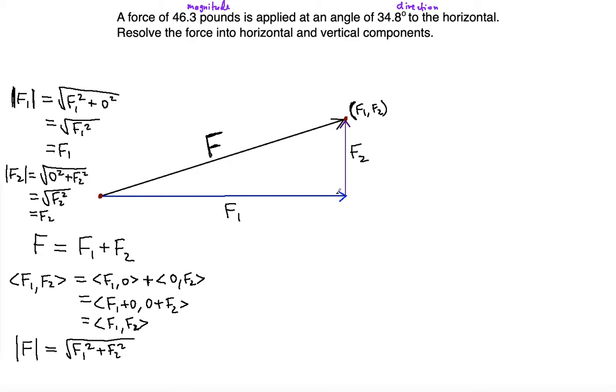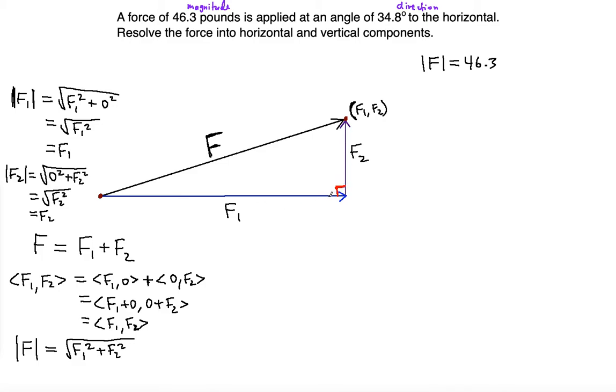So you can treat it as components, and you can treat it as individual vectors, right? The horizontal vector and the vertical vector. In any case, I just wanted you to see this, because we're going to be using an important formula that will sometimes confuse certain students. So notice that the magnitude is given here. The magnitude is 46.3. And this is a right angle, because between the vertical and horizontal there's always a right angle.